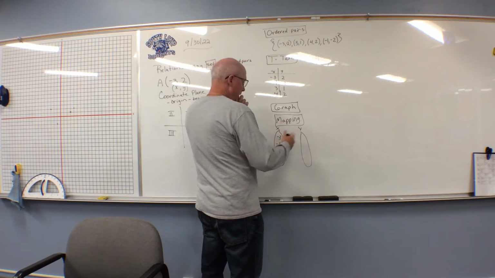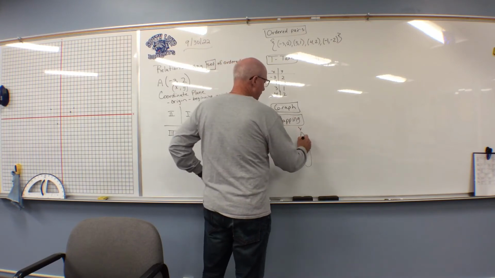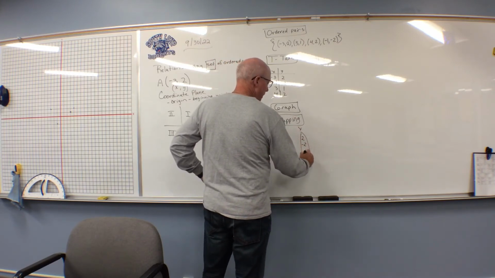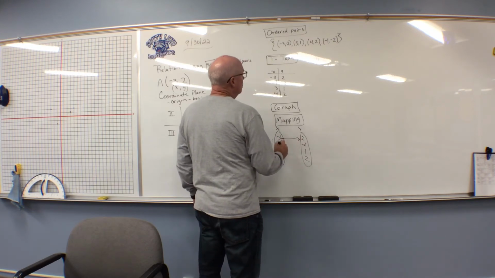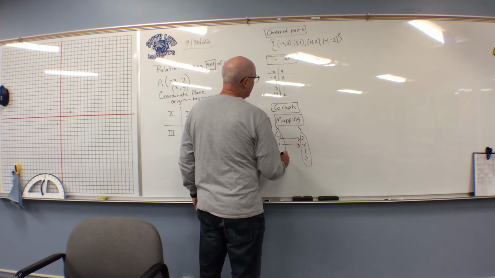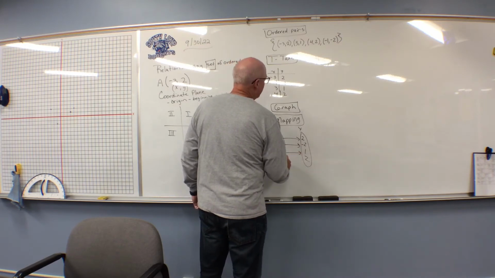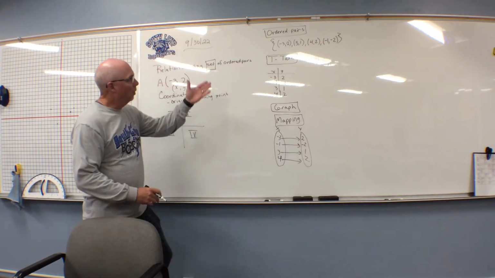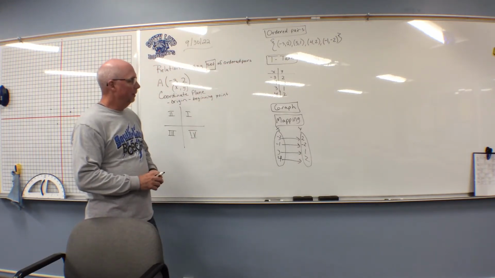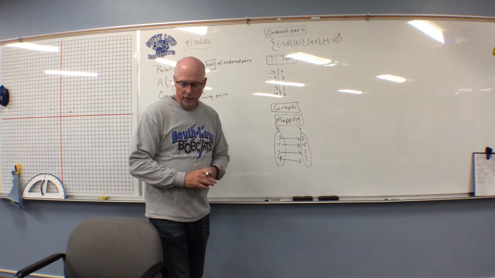Okay, and I can mix the Y's up, or I can just put them straight down. It doesn't matter. But then I draw arrows from the X to the Y that matches. And this is called mapping. Whoops, this is 4, sorry, and that's called mapping. So these are the 4 ways to do a relation.